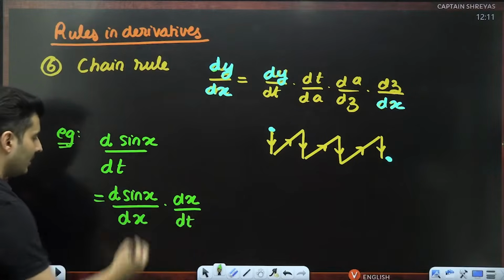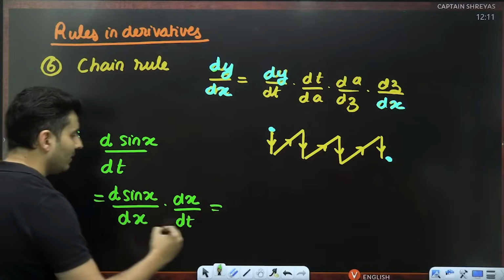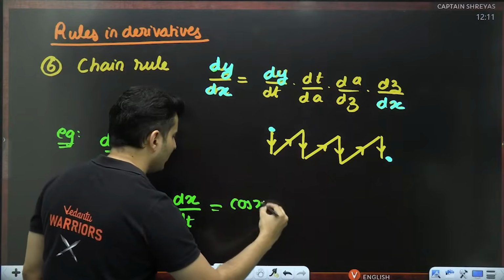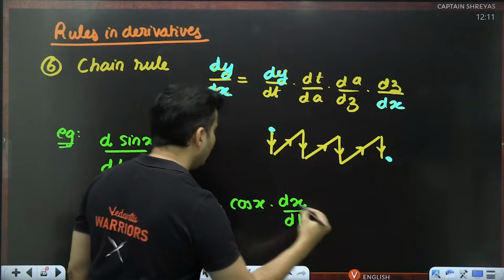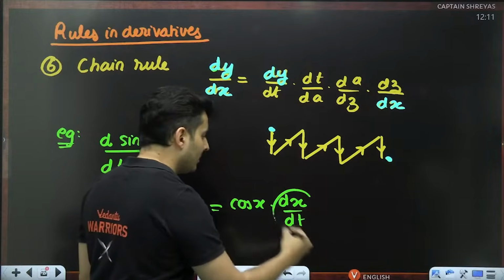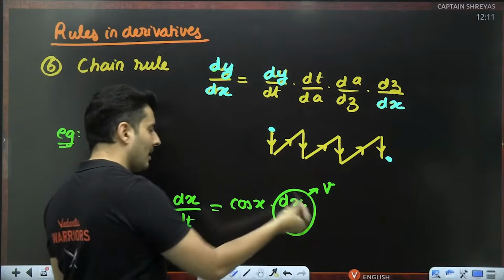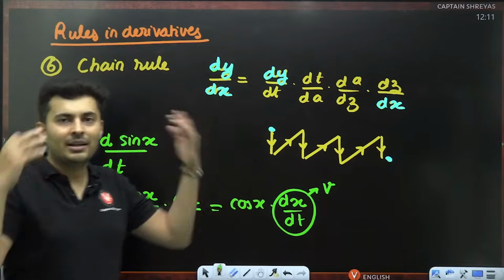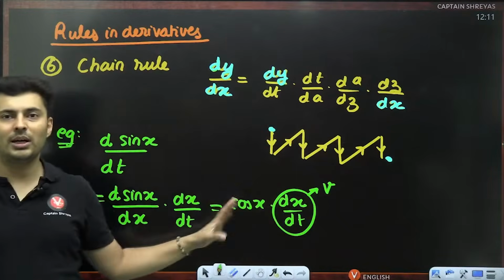So the derivative of sine of x with respect to x is cos of x. dx by dt, I leave as it is. Later on in physics, you will learn that dx by dt is actually velocity, and then you can write it as v times cos x. The derivative of x with respect to time is velocity, and you immediately convert it into the direct form.